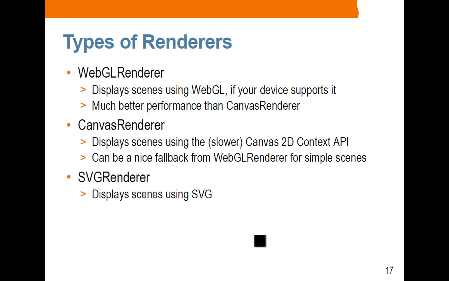As I said before, there are three different types of renderers. The WebGL renderer displays scenes using WebGL, if your device supports it, and it provides better performance than the Canvas renderer. The Canvas renderer displays a scene using the Canvas 2D context, so it's displaying in 2D.